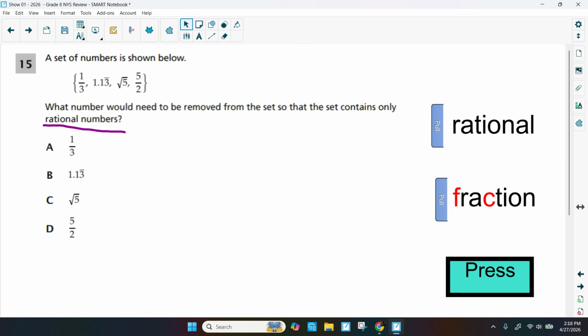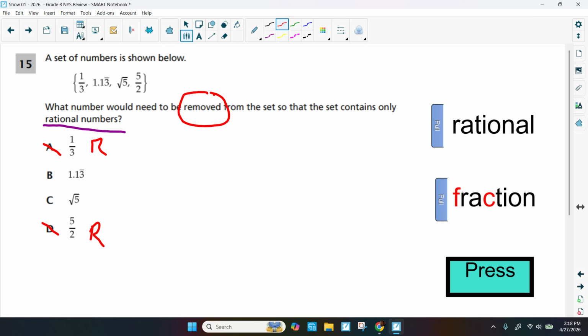So that's what I'm looking for, fractions. And we know fractions can be decimals. So we want to take out from this set. Let's remove what to make it contain only rational numbers? Well, 1/3 is a fraction, and this is an improper fraction, so we can't remove those. Those are part of our set.